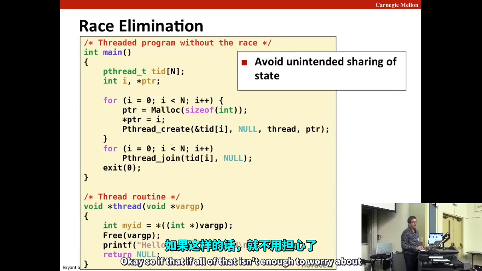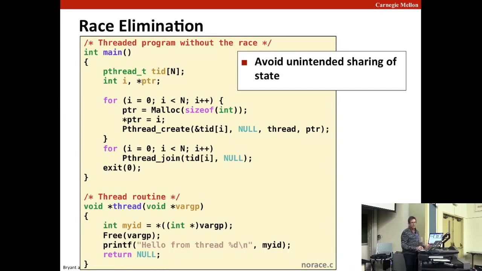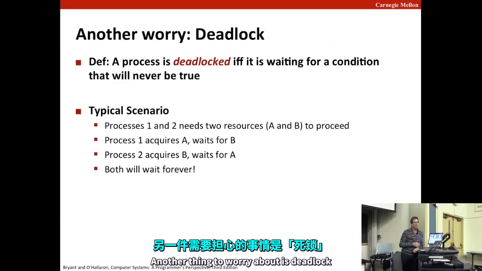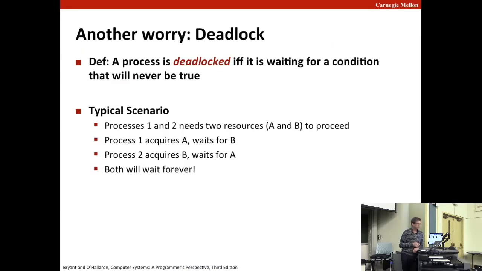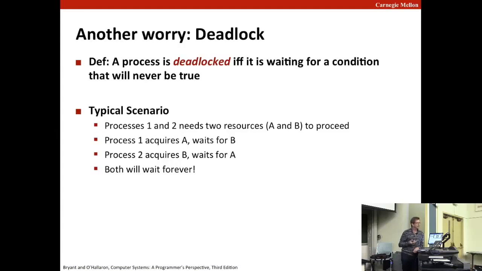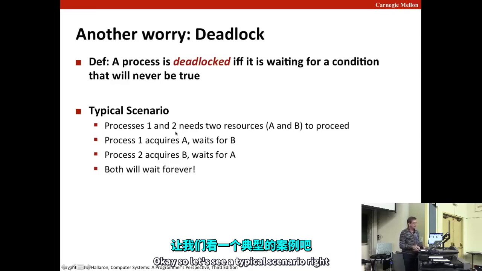Okay, so if all of that isn't enough to worry about, and by now you should be losing sleep at the very thought of writing a threaded program, another thing to worry about is deadlock. A program is deadlocked if it's waiting for some condition to occur that will never occur. So let's say a typical scenario, right?